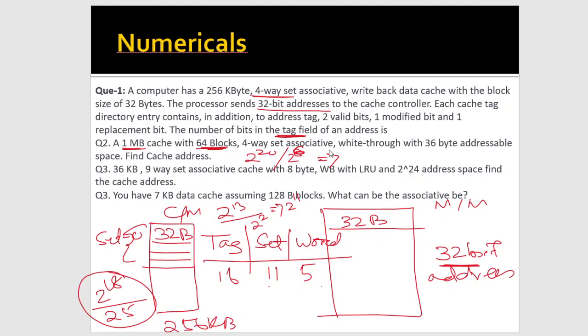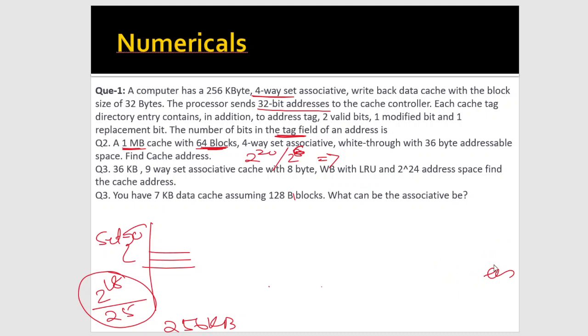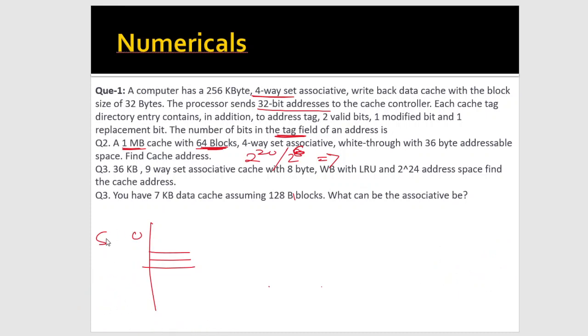Okay, let's draw it. So I have to draw the information first.